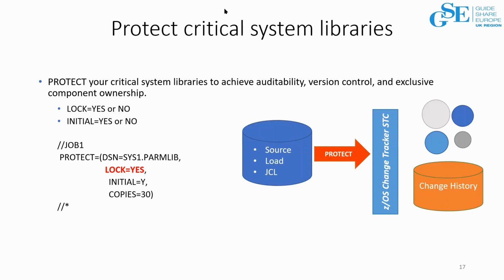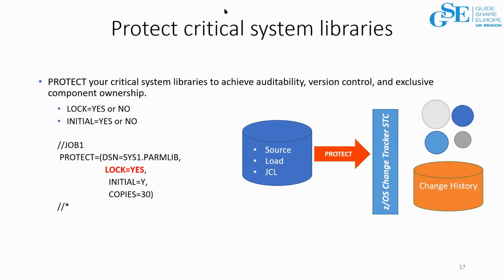And this is how it's done in batch. In the initial release, when it came out in May of last year, this is a batch job that would be run. In this case, we are protecting sys1.parmlib. We are locking it. In other words, without checking a member out, an update cannot be made to this data set or members within that data set.